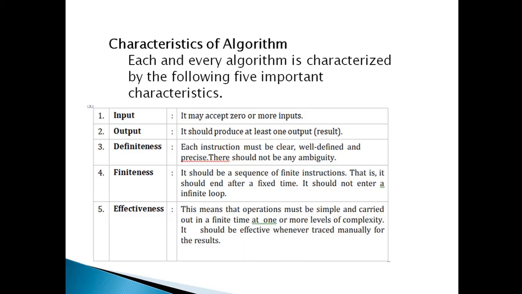It should be effective whenever traced manually, and it should give an effective result, with no ambiguity in the result. It should give the effective output. That is called effectiveness. All these are the 5 characteristics of an algorithm.